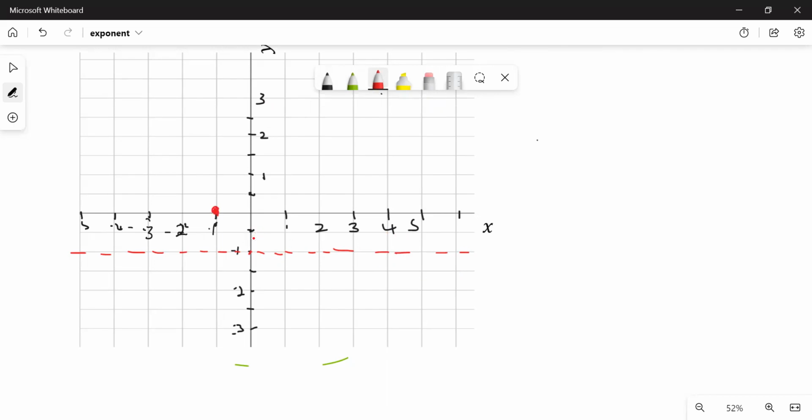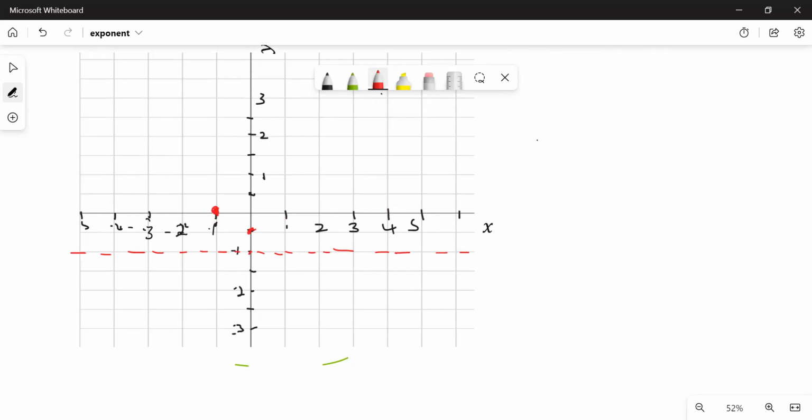And then we also have our y-intercept. What is our y-intercept? Minus 0,5. And from here onwards, now that we have these two things, then we can get the shape.